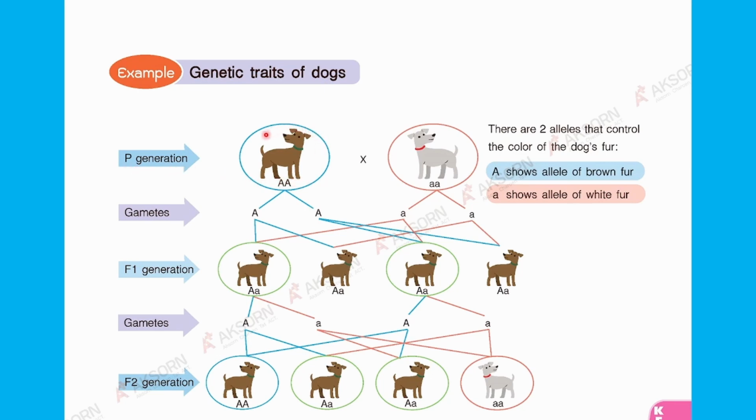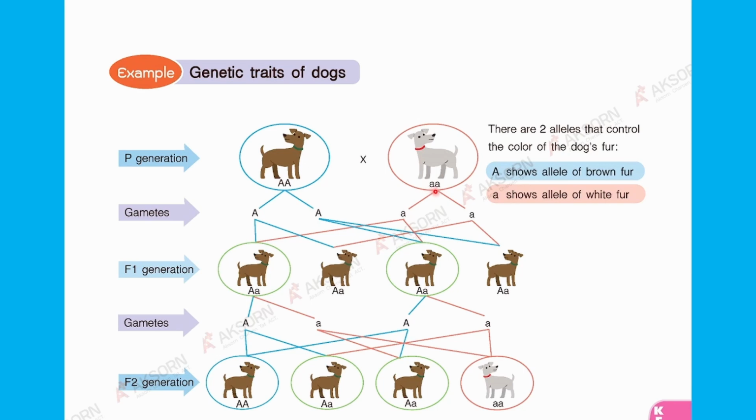We have the brown dog with AA, a capital A for the allele. Then we have the white dog. It says here white. It looks grey, but we'll say white.